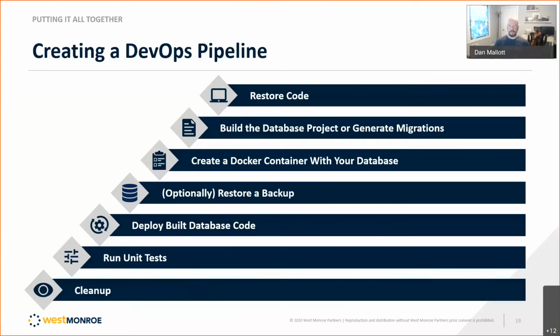Restore the code, build the database project, or generate the migrations, depending on your tool. Create a Docker container with the database, potentially restore a backup, depending on where you are in your product maturity, right? Deploy built database code, run unit tests, and then clean up, right?